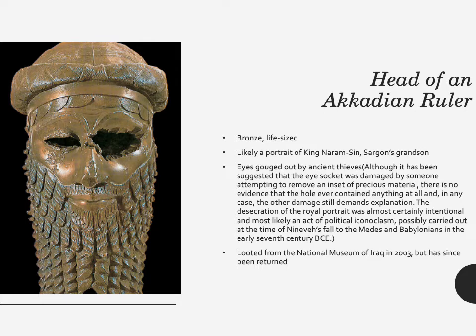You see that it's showing a lot of the human features in a realistic manner, and they're using the art mostly for showing the leaders, the power of leaders, and for religious purposes. And this is the most important part for them. And you see that the eye of this Akkadian ruler was gouged out, by opposition.